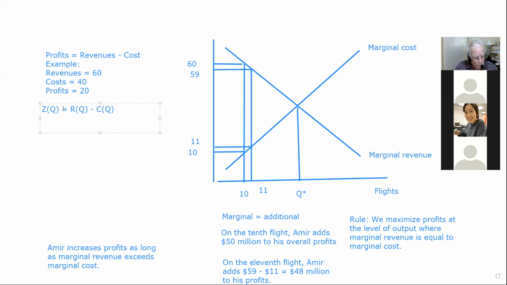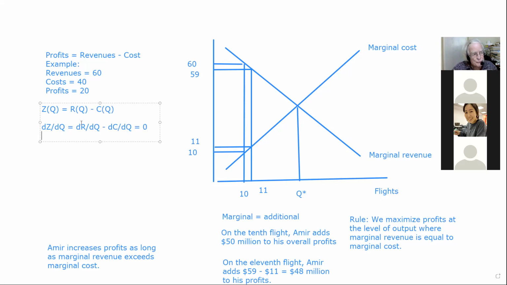Okay, so if we are differentiating profits with respect to Q, we have that marginal revenue minus marginal cost is the first order condition, and therefore must equal zero.